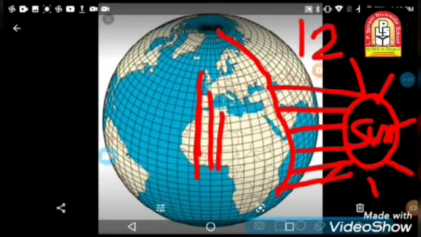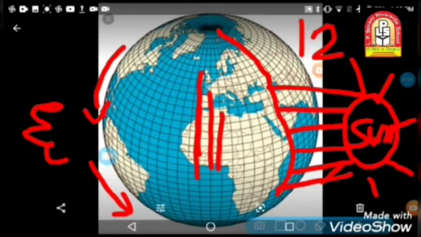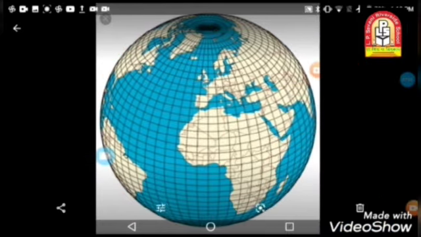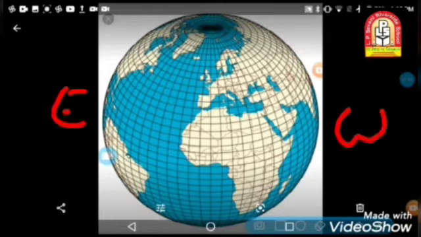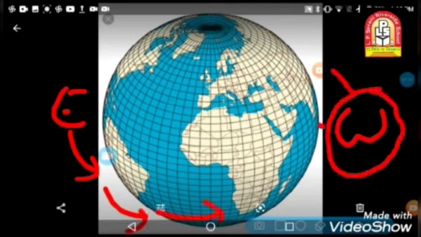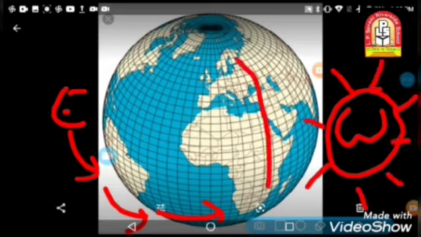Now, our earth rotates from east to west, right? As it rotates, here is the sun. Now, slowly what will happen? Every longitude will face the sun slowly as it rotates, right?